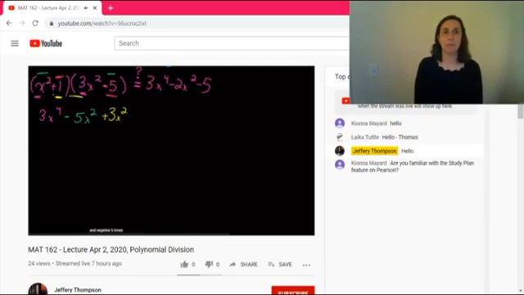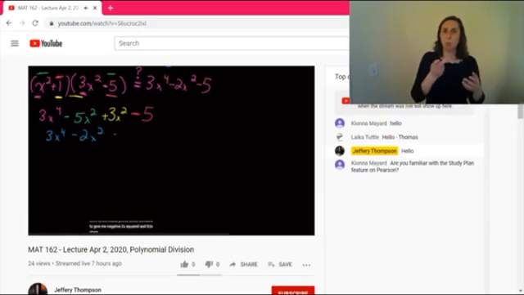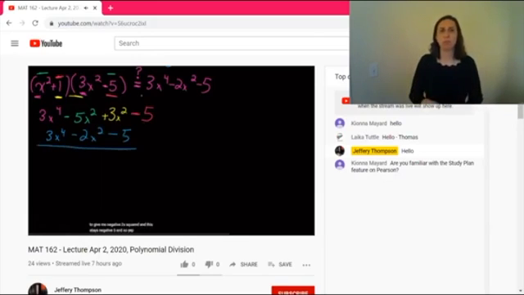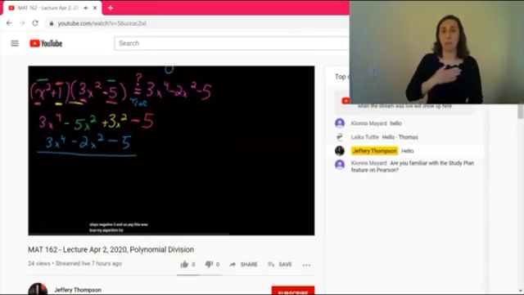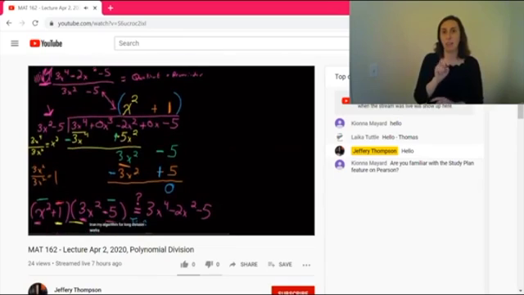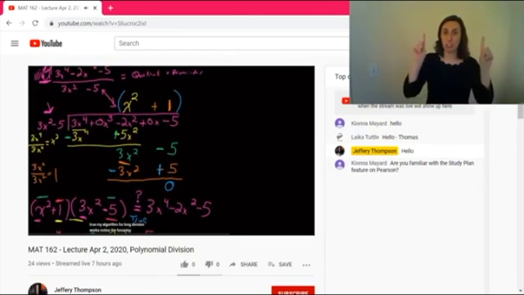And negative 5 times 1 is negative 5. I collect like terms, so I only have one term to the fourth power. These combine to give me negative 2x squared, and this stays negative 5. And so, yep, this was true. My algorithm for long division works. Notice the focusing on leading terms.